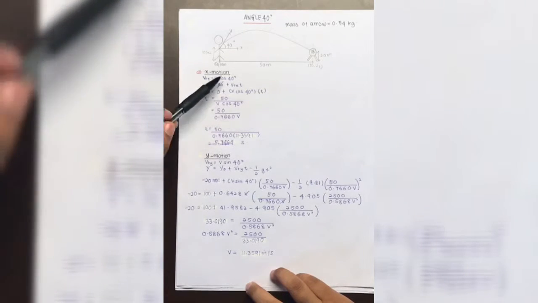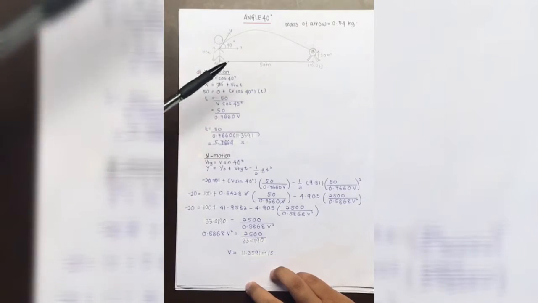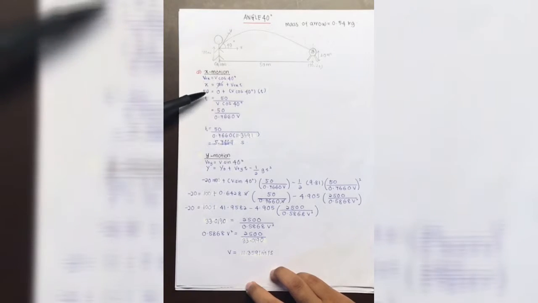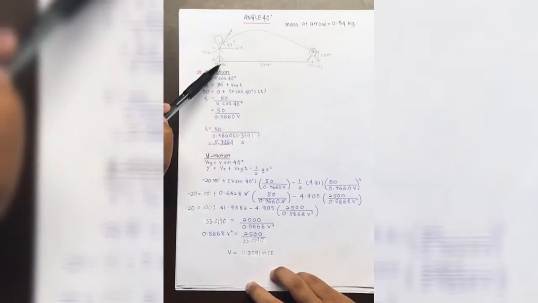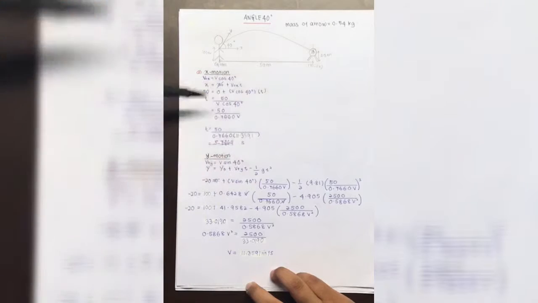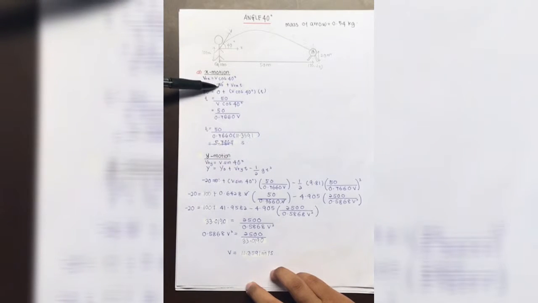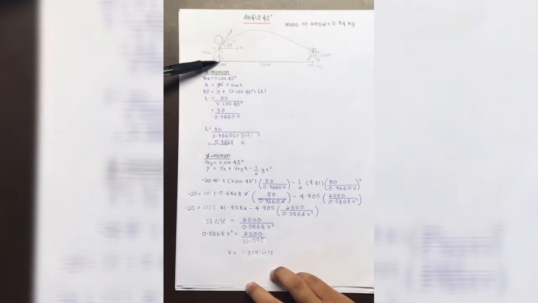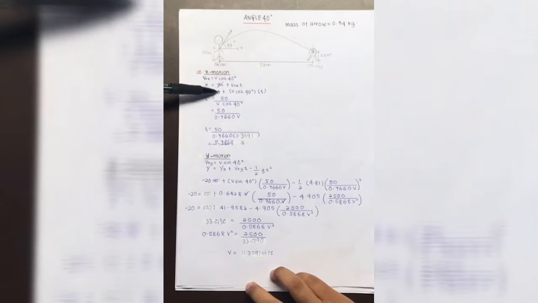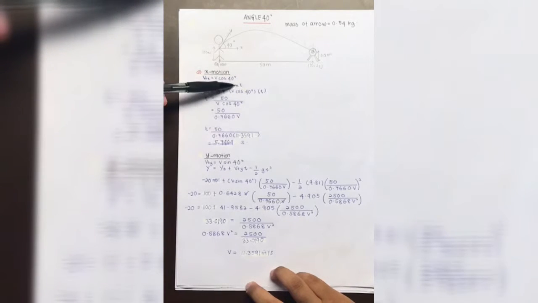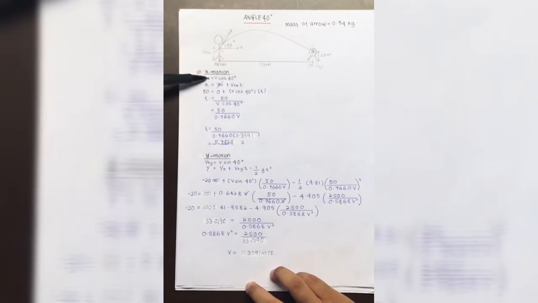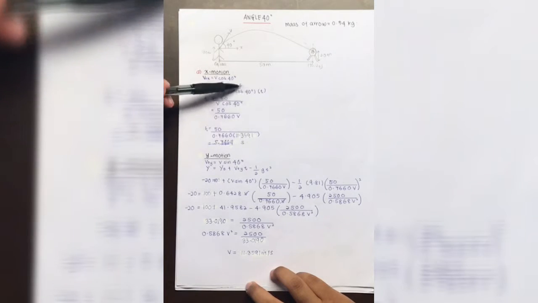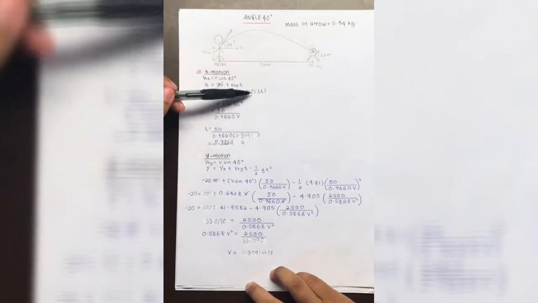From this equation, we can substitute all the information given. For x, we substitute 50 because the distance between the archer and board is 50. x naught is 0 because at this point the archer is at rest, so x is 0. We substitute 0 into x naught plus v naught x t. V naught x is v cos 40, and t we don't know, so we should find t.